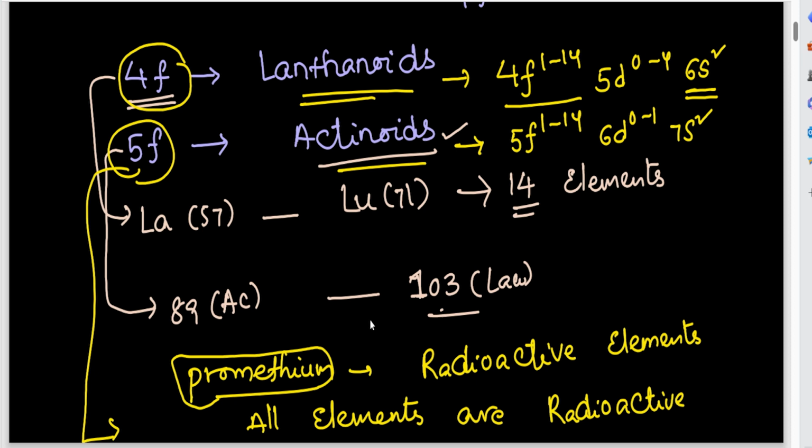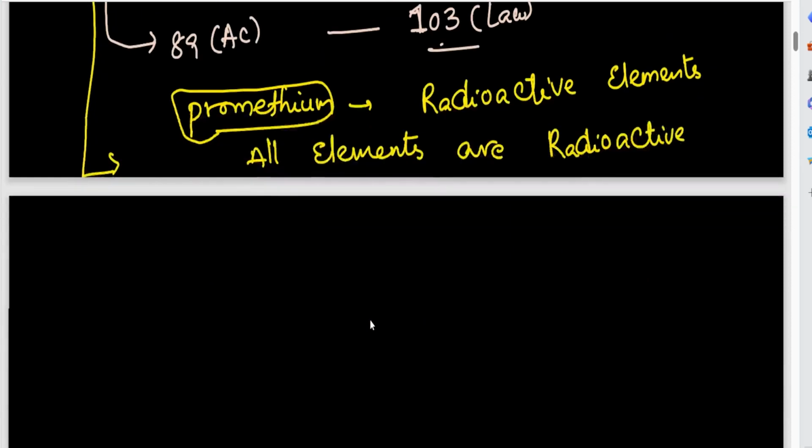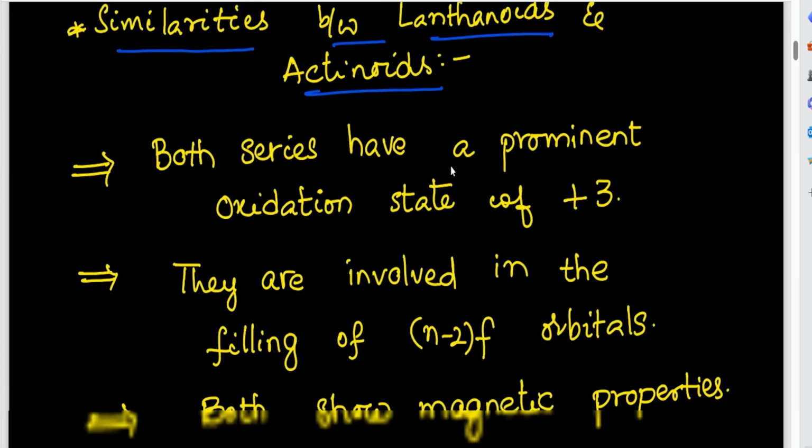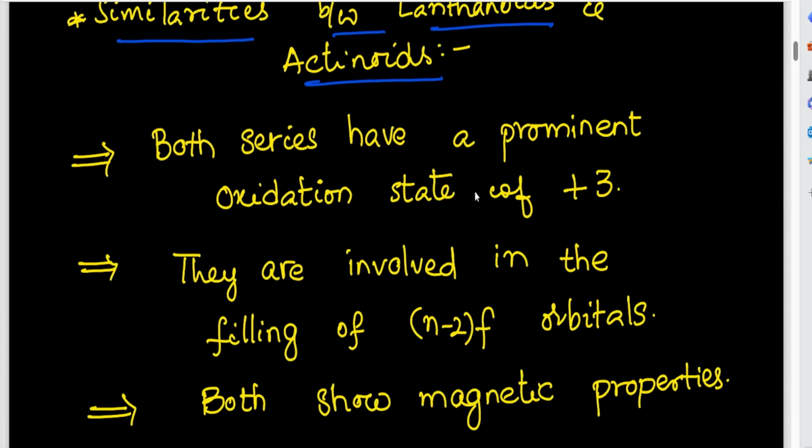And let us see what are the similarities between the lanthanoids and actinoids. Both the series have the prominent oxidation state of +3, which means the lanthanoids and actinoids both show the +3 oxidation state. And they are both involved in the filling of the n-2 f orbital.